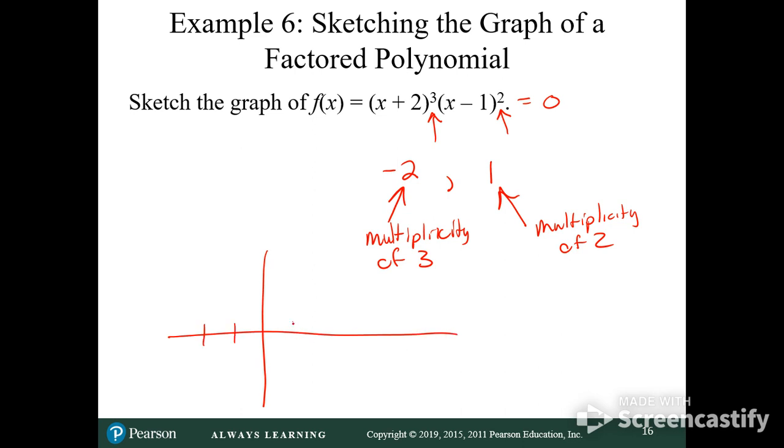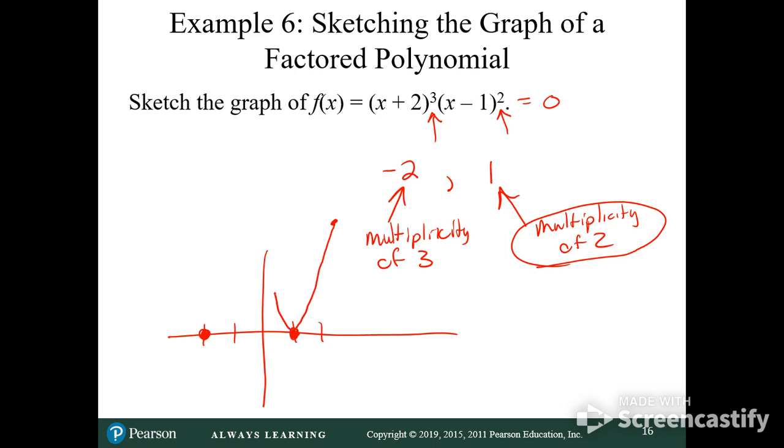So if we go -2 and 1. Now, leading coefficient, positive or negative? Positive. So it's going to come from up here somewhere. 1 is a root, -2 is a root. Because 1 has a multiplicity of 2, an even multiplicity, Cheyenne, pay attention please, it's going to bounce on the x-axis.